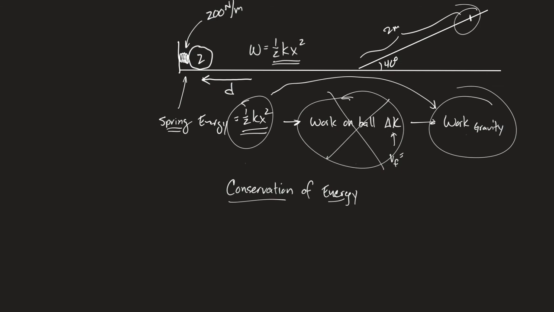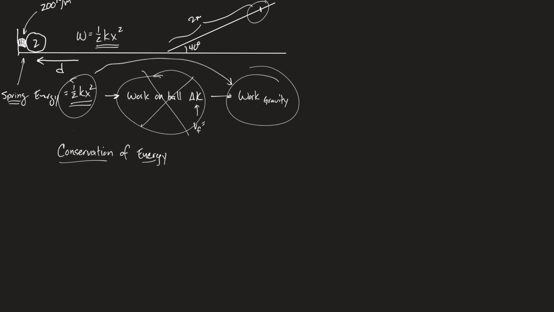I can state right from the top that, all right, if I use what I did before, I'm going to have 1/2 times 200 times d squared, the energy stored in the spring. This has to equal, well, the weight of the ball, 20, times how far up the ramp it goes, d. Now here's where it gets a little tricky. We did the cosine of 130.